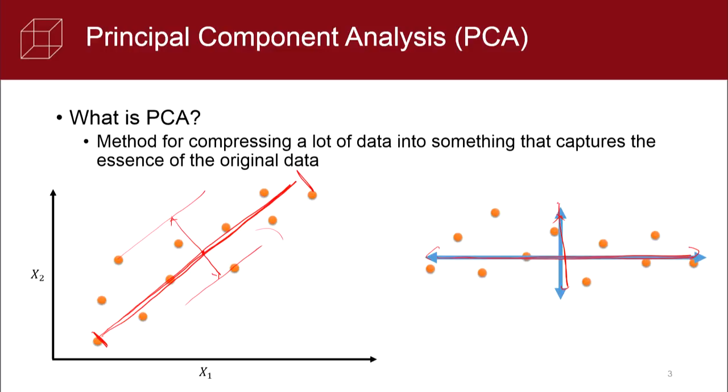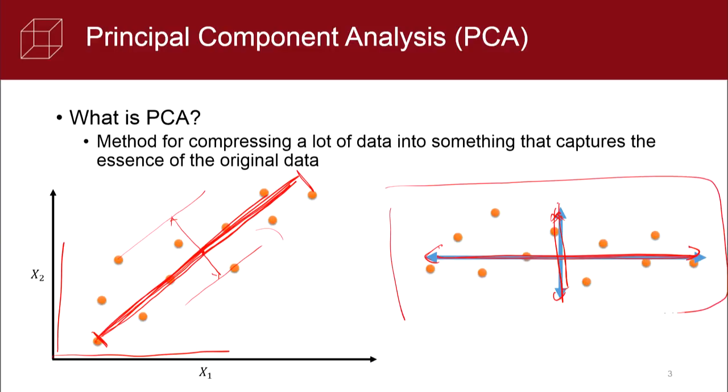Data varies a lot along this line horizontally, and data also varies a little bit along this line vertically. So we no longer need these diagonal variations in addition to these two axes, because with this graph we already capture the two directions, horizontal and vertical, that have the variations.